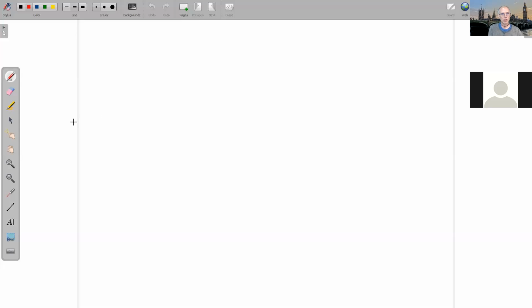So picking up where we left off last time, we're looking at the conversion of fractions to decimals. How are they related? And as we were converting fractions to decimals, we found one of two things happened.